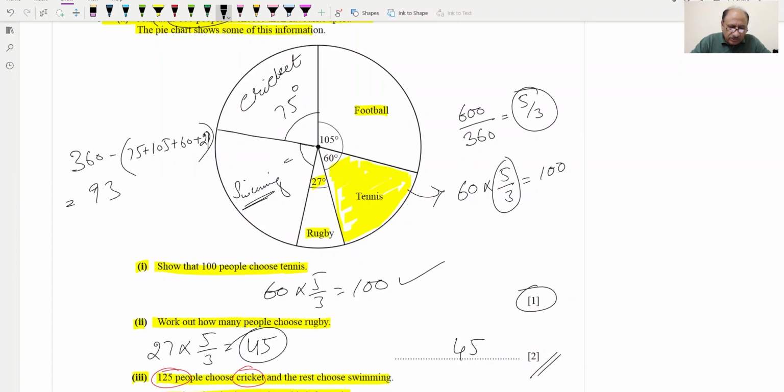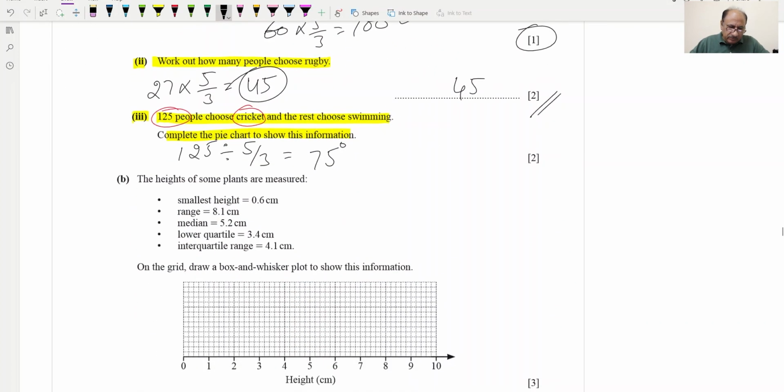That will be basically swimming, which we can show over here, and this is done.